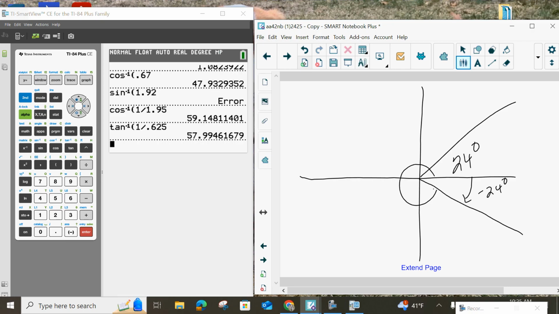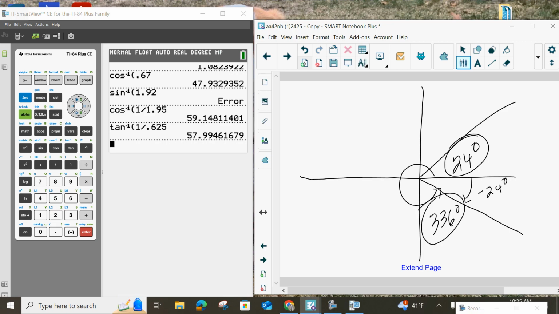What angle is this one, the positive version? 336? All right, so let's use these two angles, 24 and 336. Make sure you're in degree mode. Hit sine of 24 and then sine of 336. How do they differ?